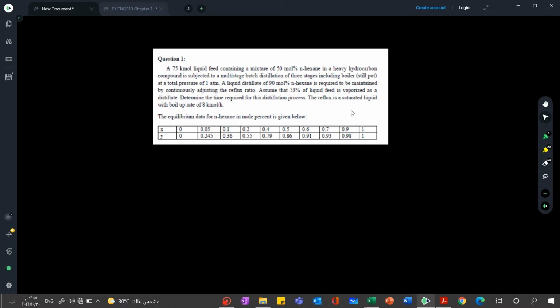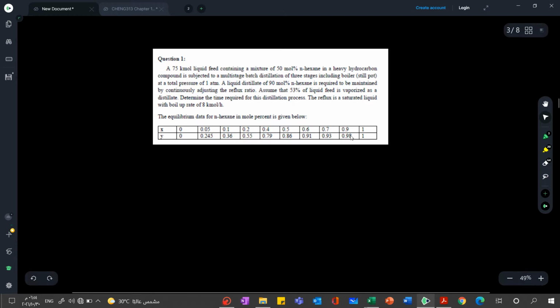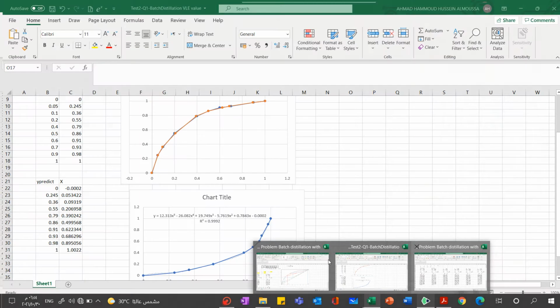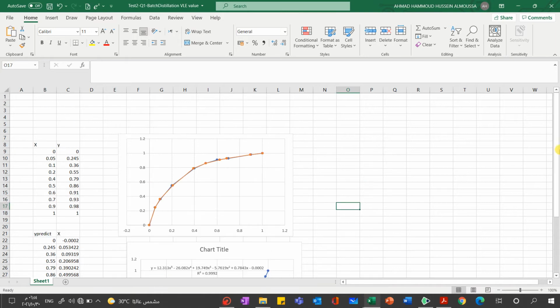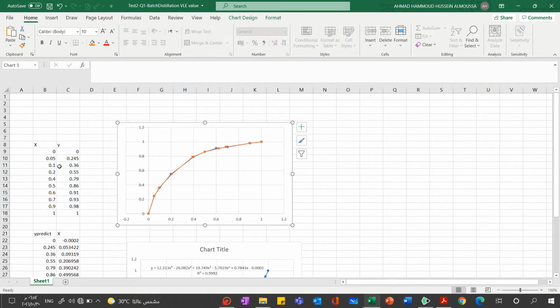First of all, let's take only the equilibrium values, which is all we are concerned with now. The rest is the same as what we did in the previous question, the same steps.